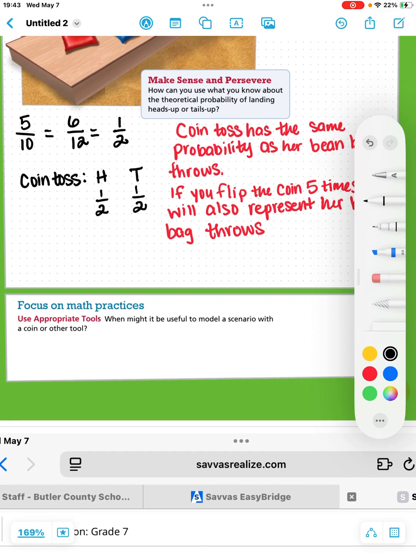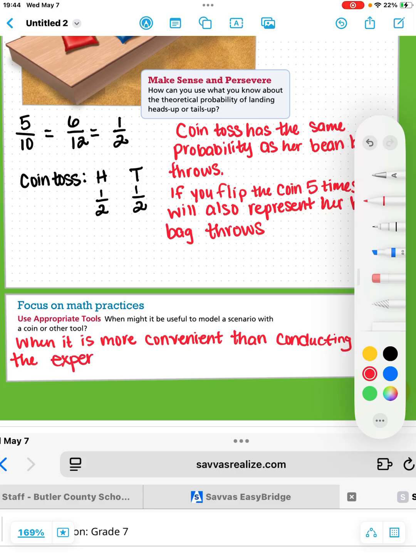How might this be useful? It might be useful to model a scenario when it's easier to use a coin rather than actually having her throw the beanbag. Just for convenience. When might it be useful to model a scenario with a coin or a tool? When it is more convenient than conducting the experiment.